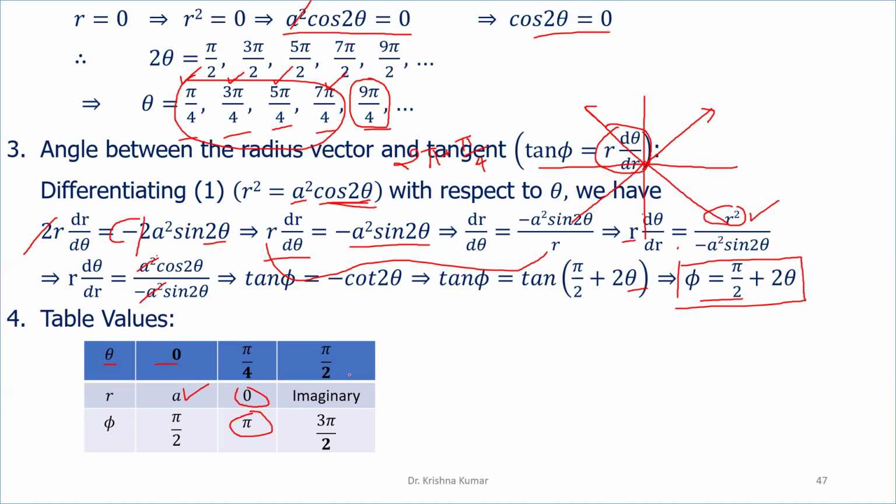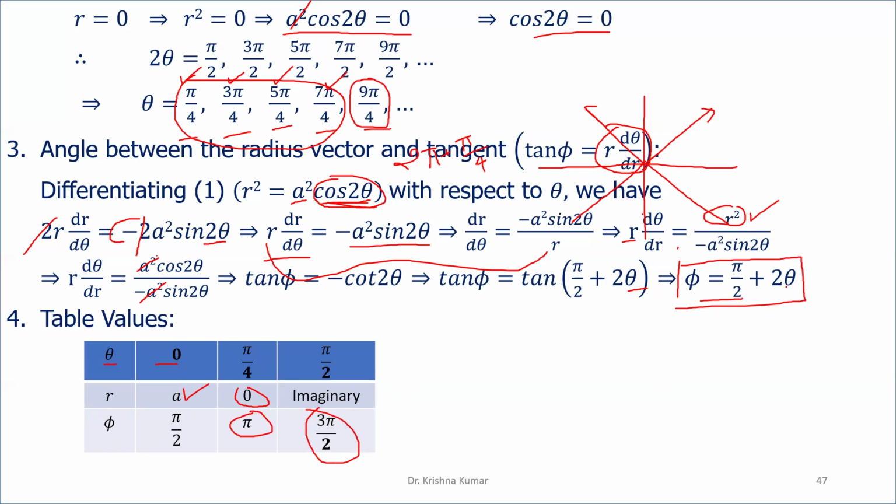And if you put theta equal to pi by 2, then what is the value of r? We are getting cos pi, and cos pi is minus 1. So r square equal to minus a square. What it means is that r is imaginary. And at that point, what is the tangent?